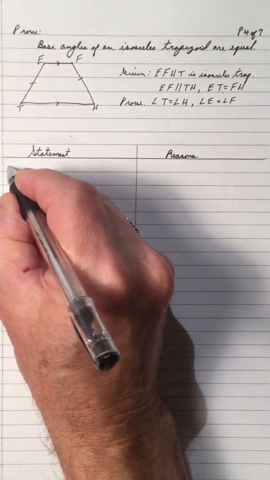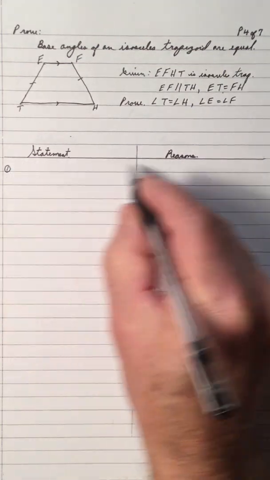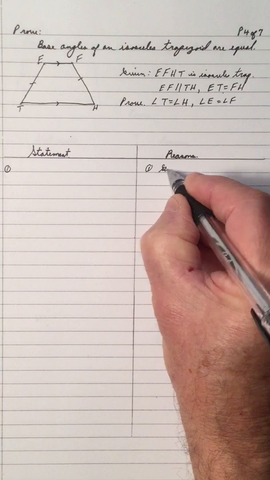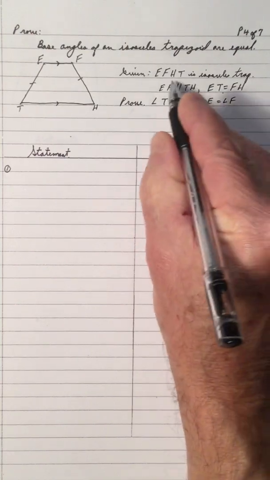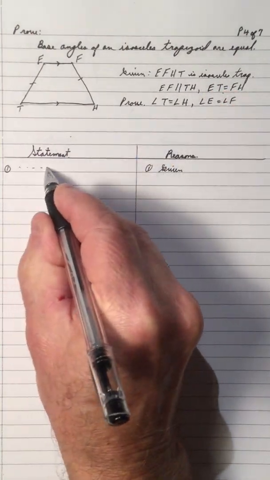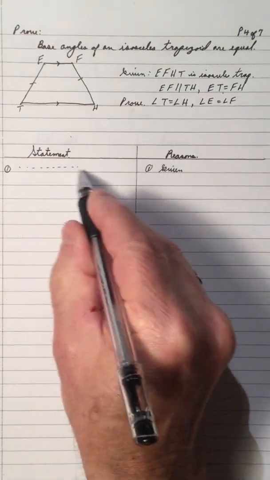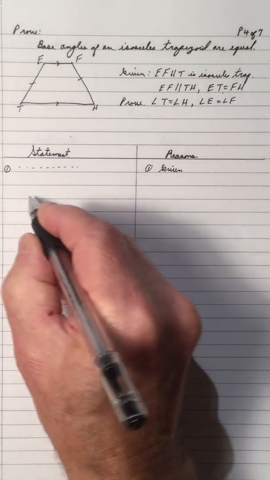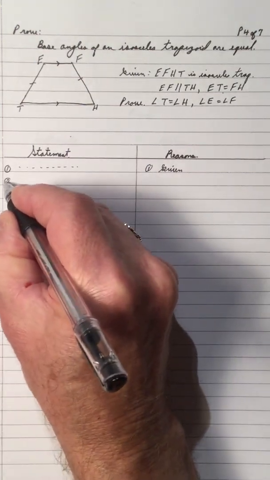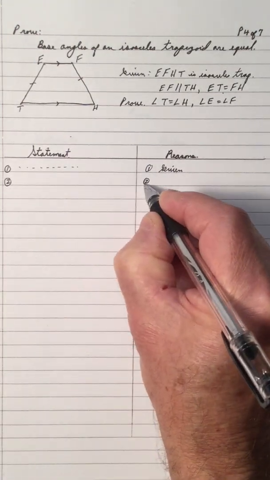So let's put all the givens, and again to save time, all these givens, we're writing them in here. So I'm going to save time by not having to write all these out because the video is going to be long enough as it is. And number 2, all these givens are written in.